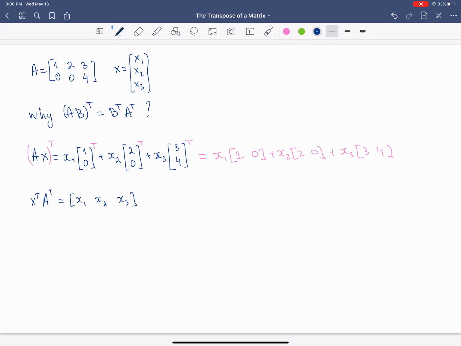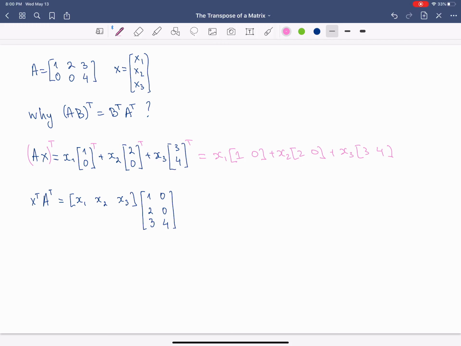And A transpose now will have columns 1, 2, 3, 0, 0, 4. Now, if you remember when we talked about multiplication of matrices, we have 4 ways of multiplying matrices. The first way that we used to compute A times x was just expressing the product as a linear combination of the columns of A.